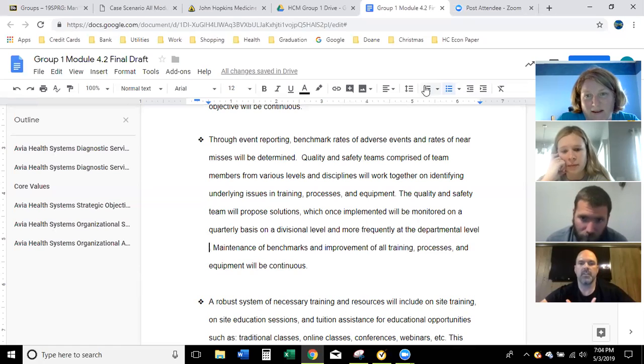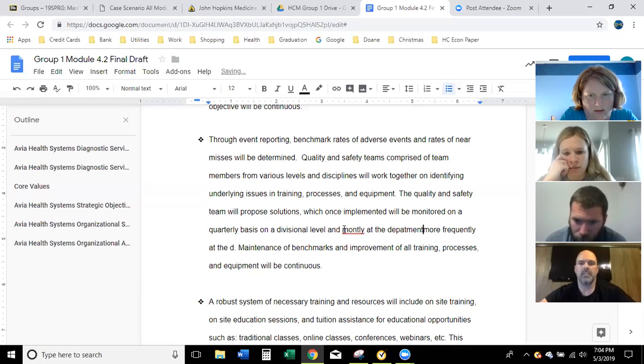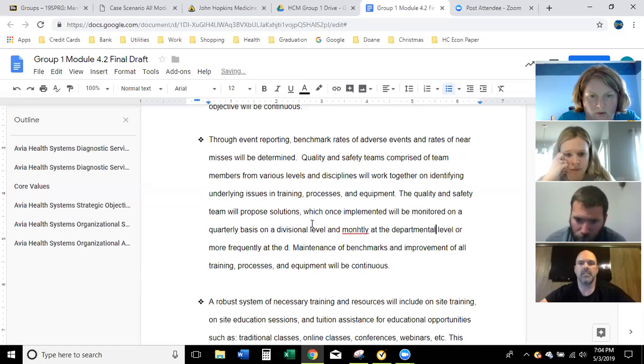Does anybody else want to take a stab at it? I would say monthly at the departmental level, or more frequently at the discretion of department leadership. Sounds good. Yeah, I agree with that, Jared. Or more frequently, sorry, what did you say?